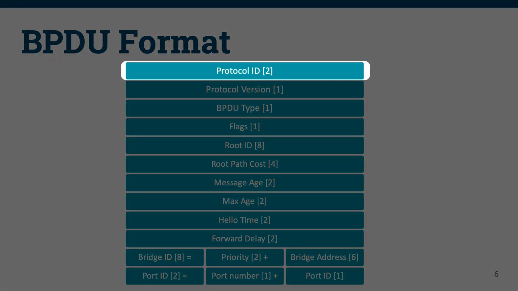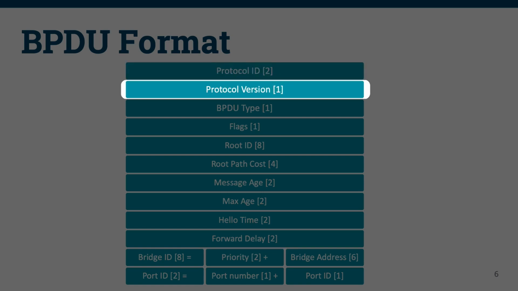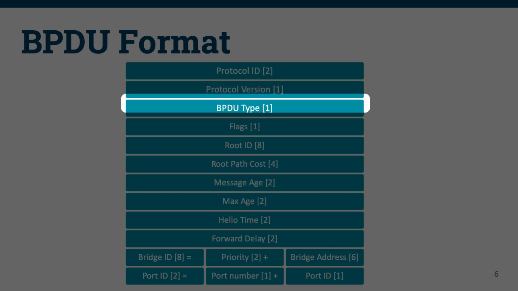The protocol ID is a fixed value of all zeros, representing the 802.1d protocol. Also, for 802.1d, the protocol version is all zeros. There exist two types of BPDUs, configuration BPDUs and topology change notification, or TCN BPDUs.